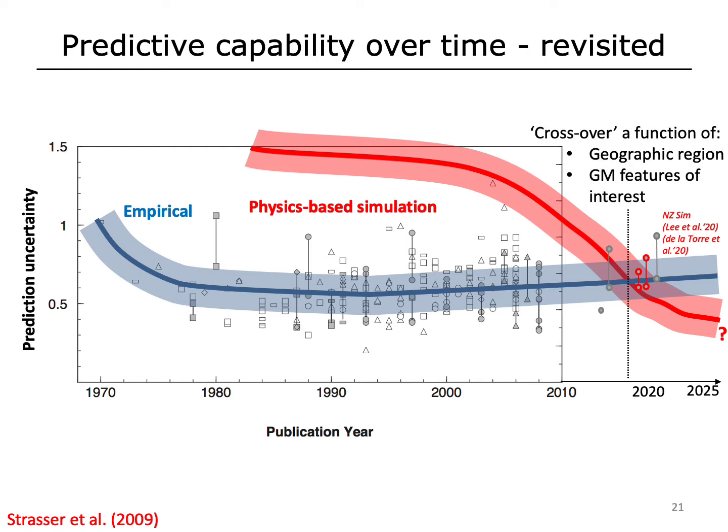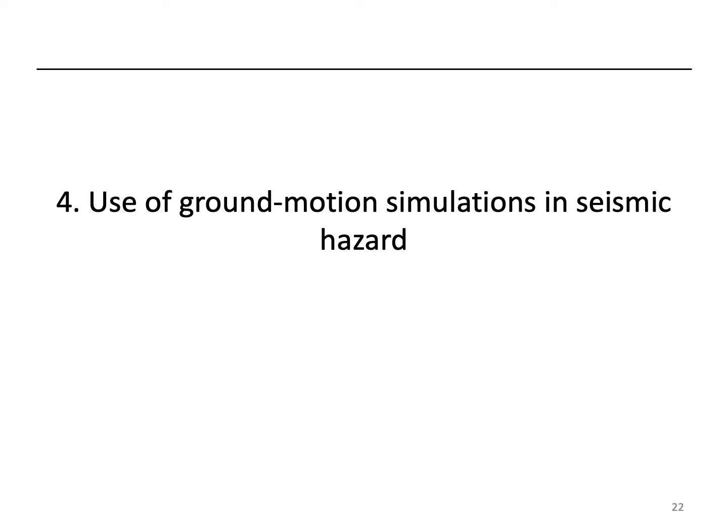Now, of course, this is a schematic plot, so in reality, the so-called crossover where simulation methods are providing improved predictions over empirical methods is going to be a function of geographic region, because the quality of the input models in terms of the Earth's crust or the seismic sources is going to vary region by region. And then some features of the ground motion are inherently easier to predict than others. So measures such as peak ground acceleration or duration may not be as easily predicted between the two.